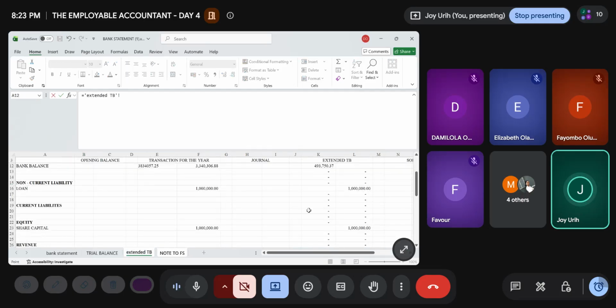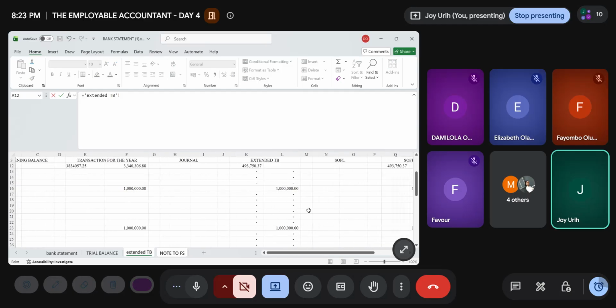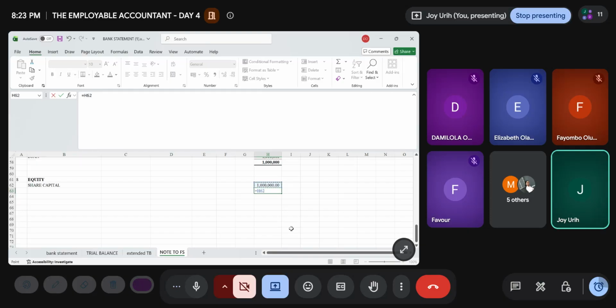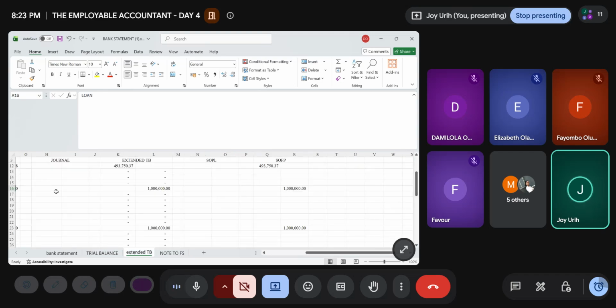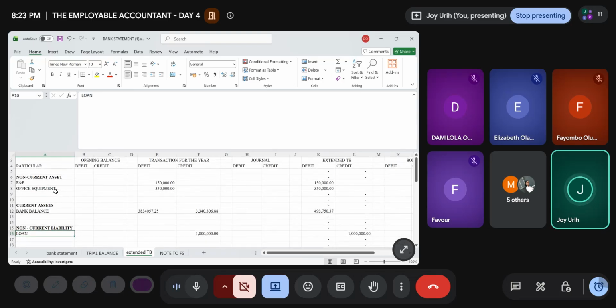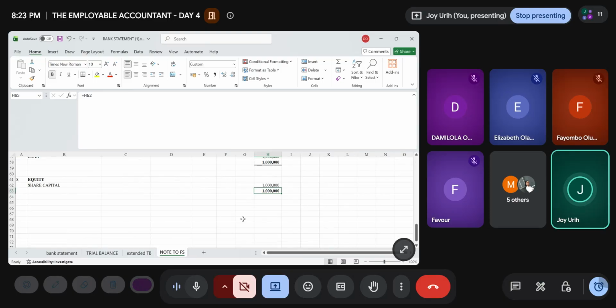So I'm also going to pick the figure for the share capital. All right, so I think that's all we have for the statement of financial position. We are done with the notes to the account.